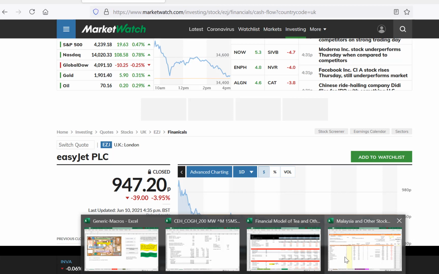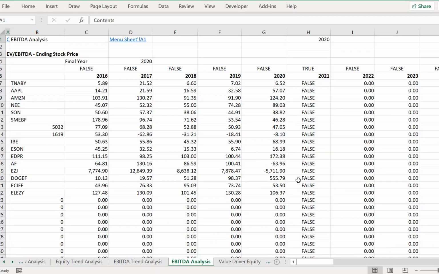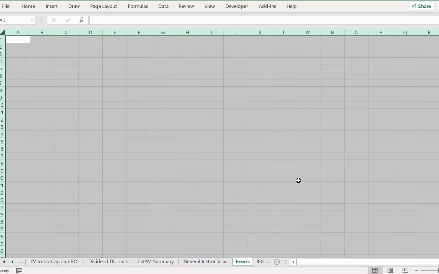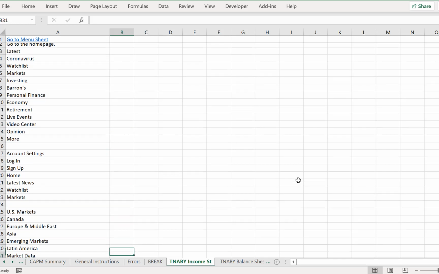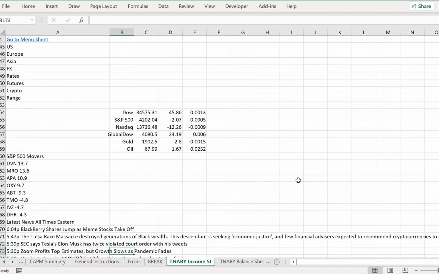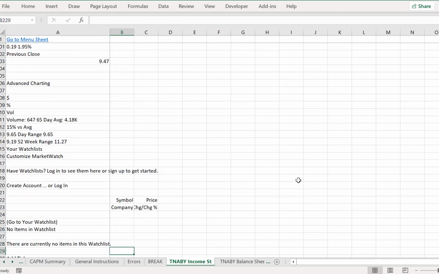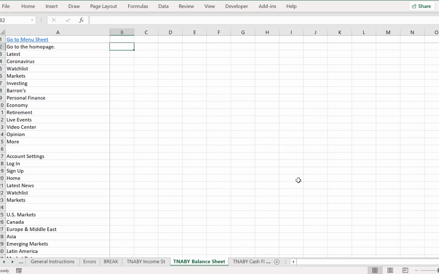So you put the URL in here, and it's changed so dramatically because you can get so many more companies from all of these different places, and then it puts the income statement down here in a complete mess with all the B's and all that, and the balance sheet, and the quarterly balance sheet, and there's a little one that says, here's Apple. That's a little bit bigger company, I suppose.